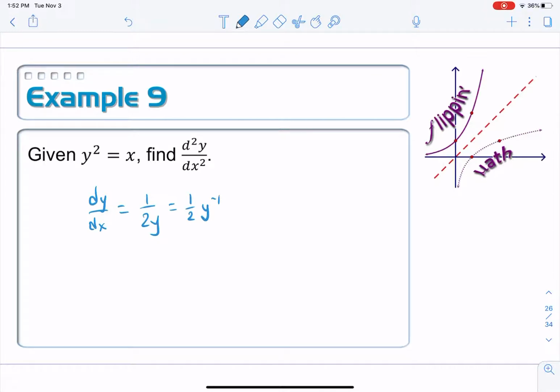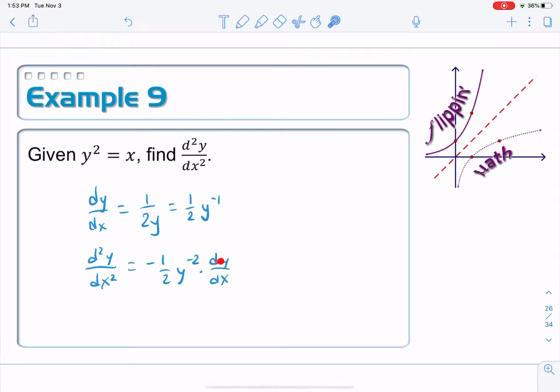Now let's take its derivative implicitly. d2y over dx2 is equal to, leapfrog that power down, so negative 1/2 y to the subtract 1, negative 2. And then since we took the derivative of y, which is understood to be a function of x, we're going to multiply it times dy dx. Here's the thing about finding the second derivative when we're talking about implicit differentiation.